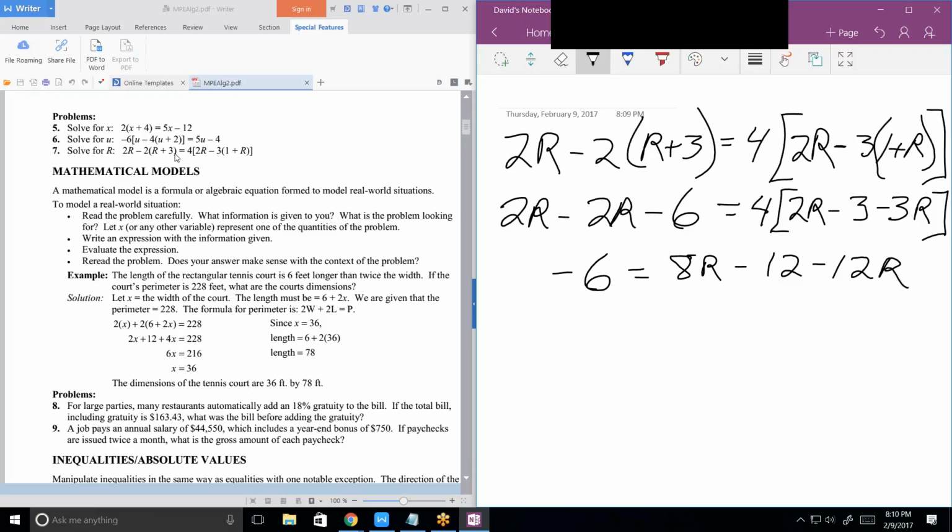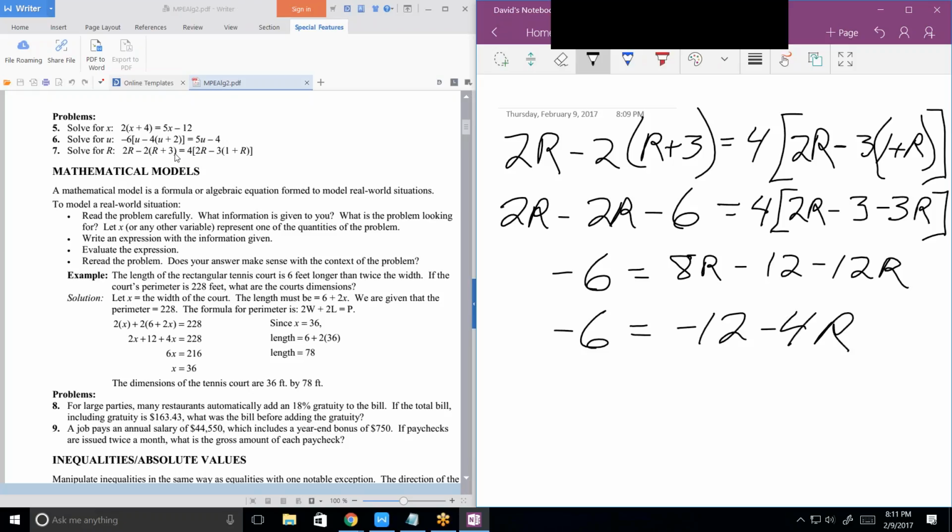And the next line. Negative 6 equals negative 12 minus 4r.